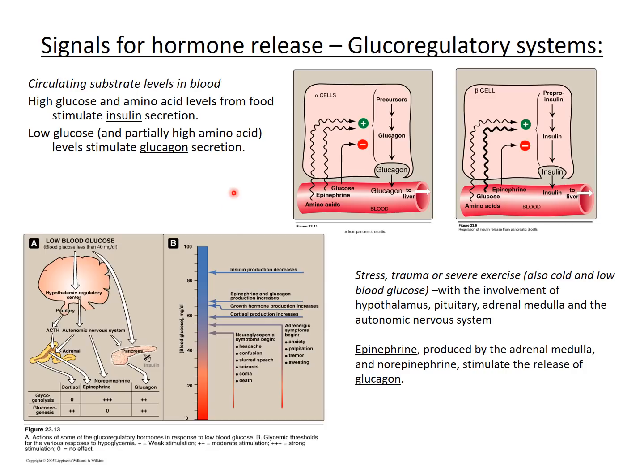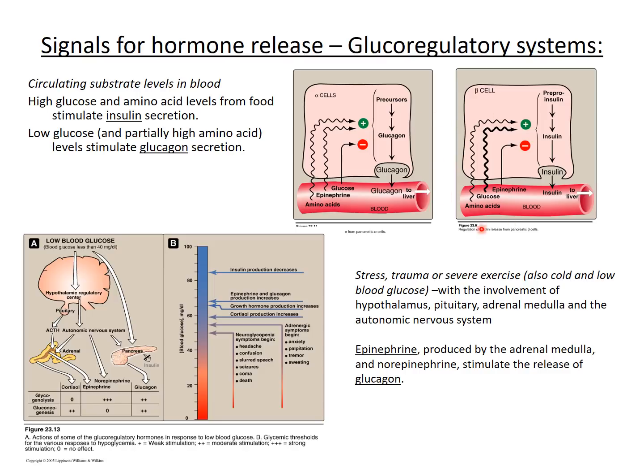So what are the signals for hormone release? Again, physiology will talk about it in detail, so I will be really short. In the glucoregulatory system, for insulin or glucagon production, different substrates will signal to the pancreas, alpha or beta cells, in an opposite way.